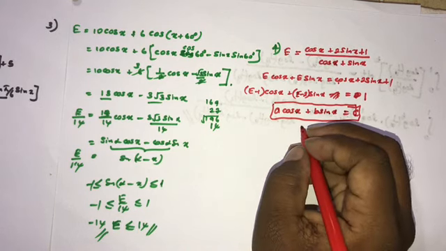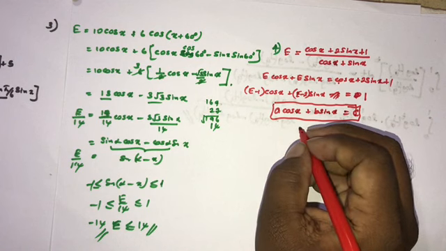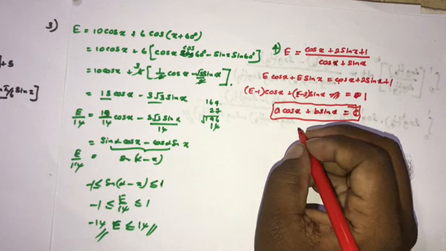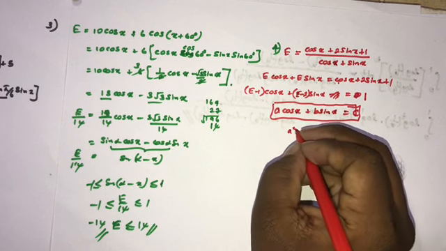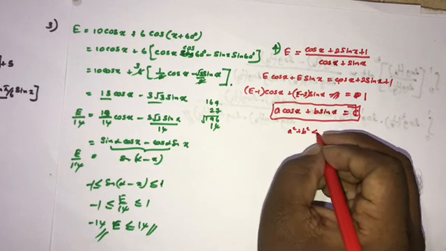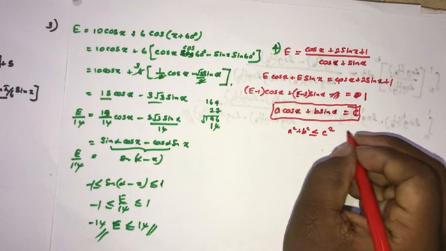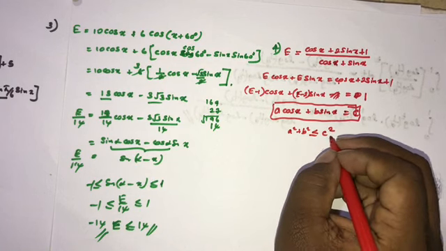We know this equation has real solutions when a squared plus b squared is greater than or equal to c squared.